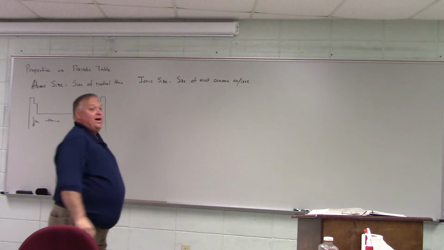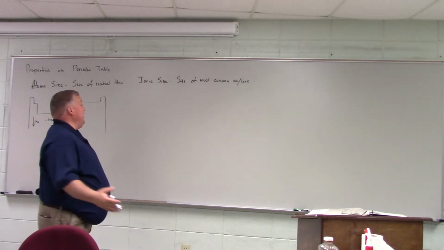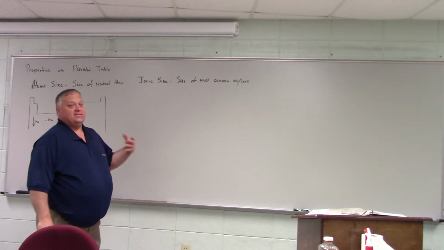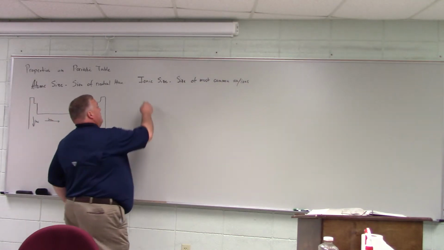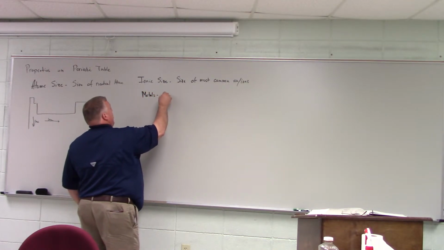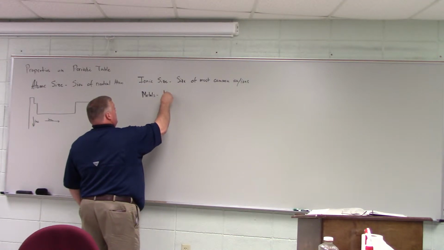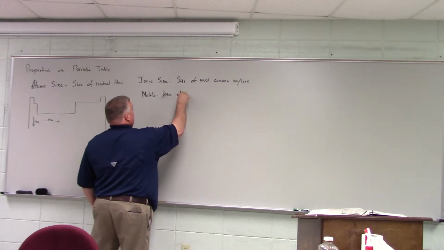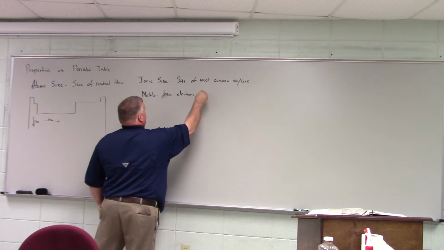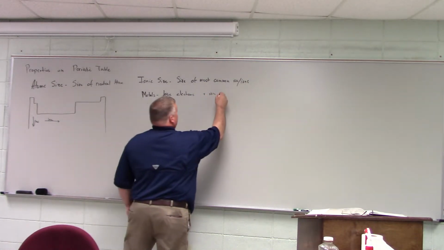Okay, now an ion is a charged species. Okay, it's an atom that has gained or lost electrons. So generally, if we're looking at metals, metals generally lose electrons to form a positive ion. Okay, that positive ion is called a cation.